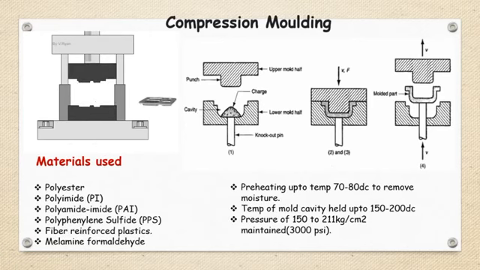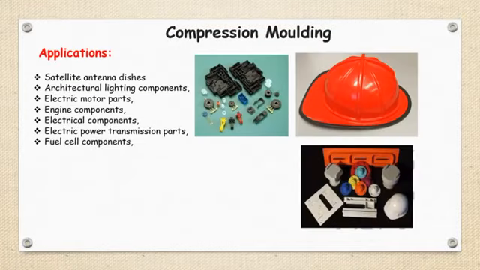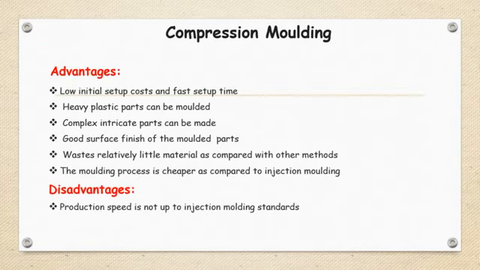Next, the applications of compression molding are satellite antenna dishes, architectural lighting components, electrical motor parts, engine components, electrical power transmission parts, and fuel cell components, which are prepared by the compression molding process.